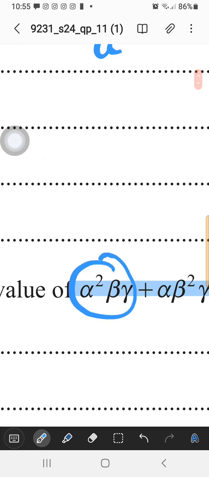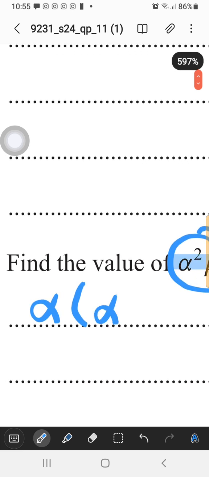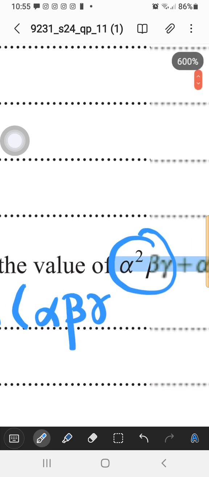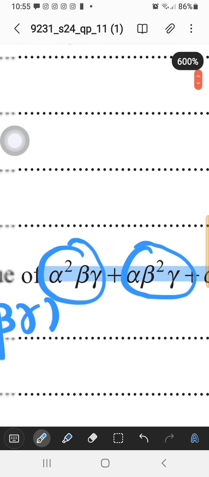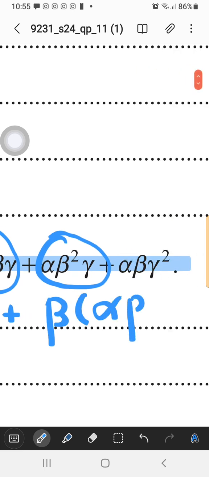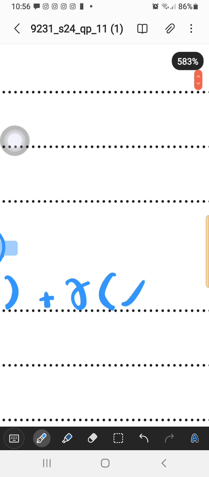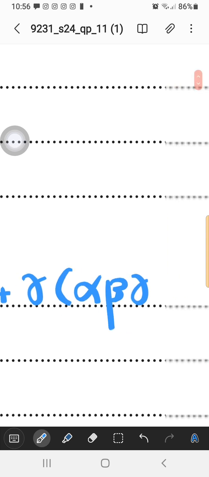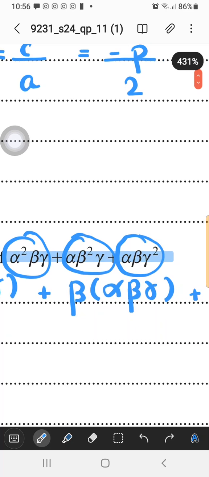If we take anything common from this, we can take alpha common, so it becomes alpha beta gamma. If we look at this, we can take beta common, so it becomes alpha beta gamma. If we look at this, we can take gamma common, so we will have alpha beta gamma. Let me show you. If we multiply this alpha with this, it becomes alpha square beta gamma.